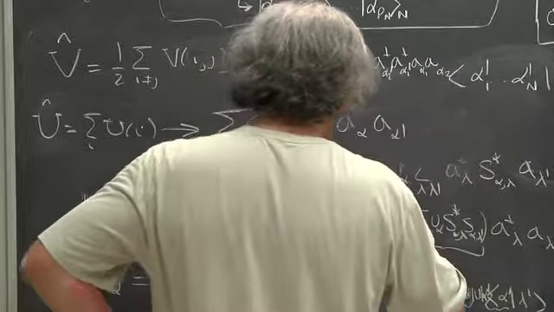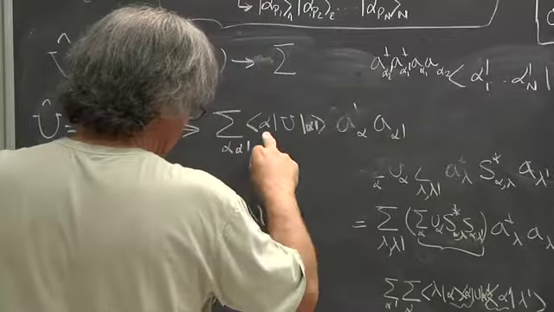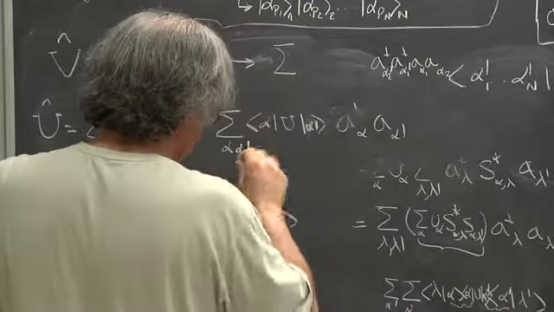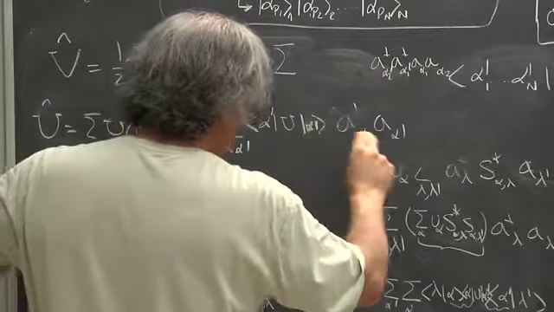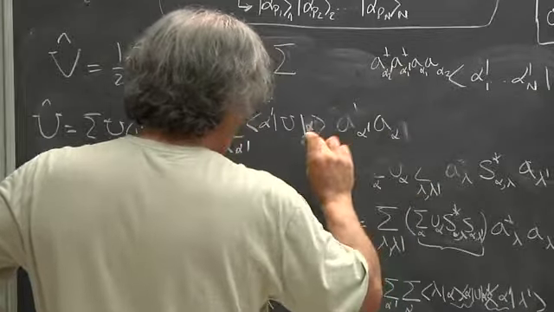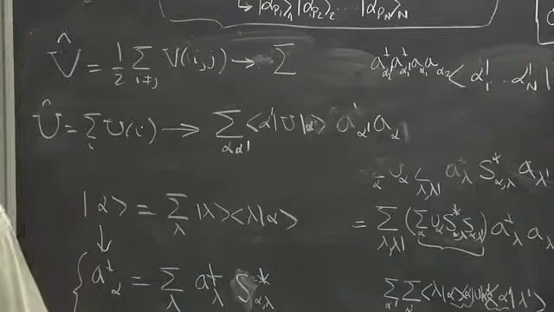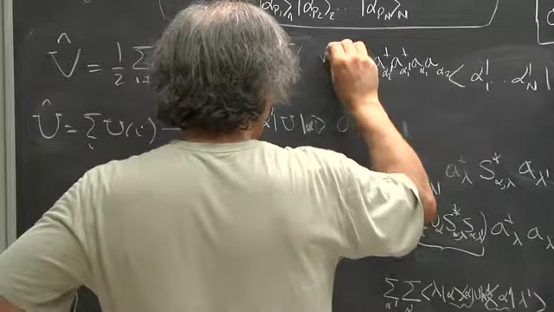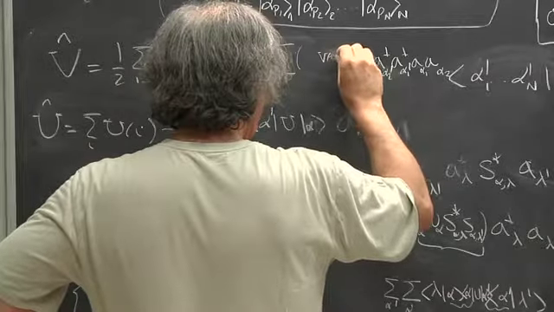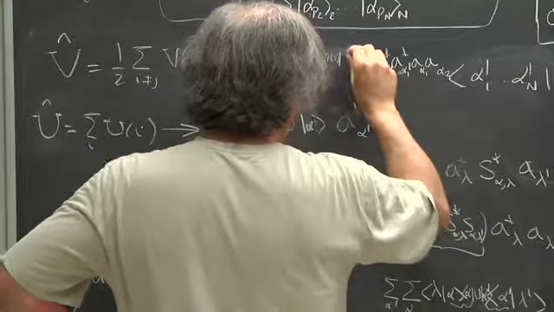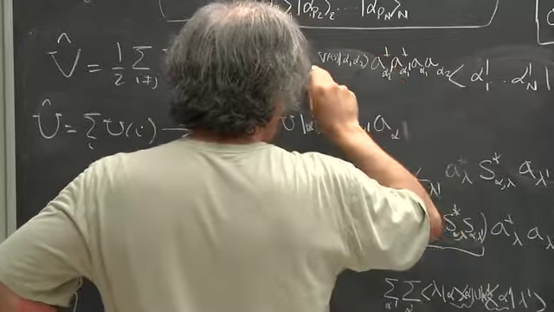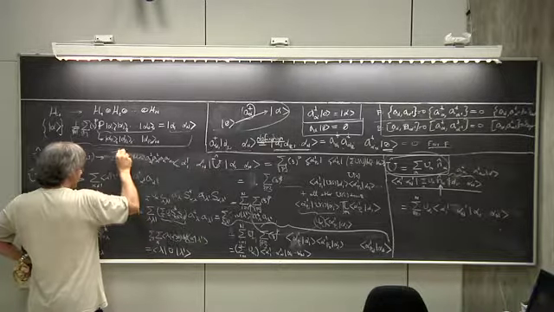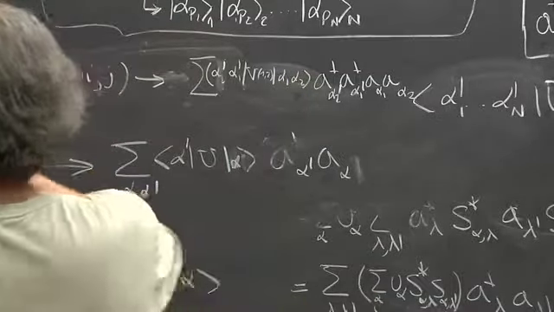Rather than having a single object and its prime, I'm writing with a slightly different notation, putting the primes here. And here I have a matrix element of this operator V, for instance V 1, 2, in between states alpha 1 and alpha 2, going into states alpha 1 prime, alpha 2 prime. And the factor 1/2 in front.